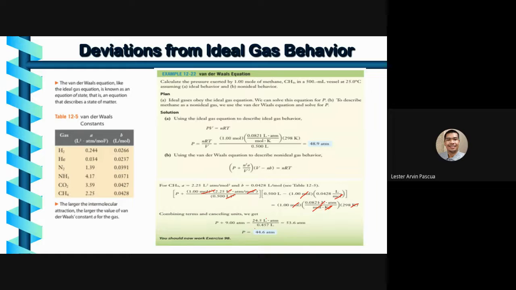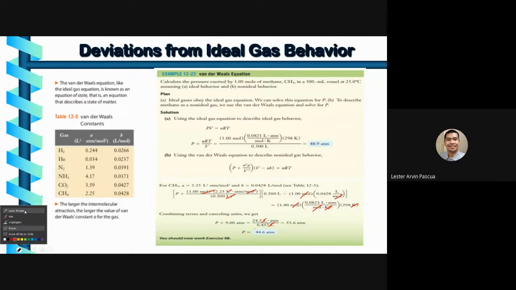So, dito na siya nag-cancel pala. Anyway. Sige, basta ganyan. It should cancel here. So, yung liters, magka-cancel siya pag pinagsama-sama mo na yung terms. So, yun. Parang ganun lang siya. It's really easy to use.